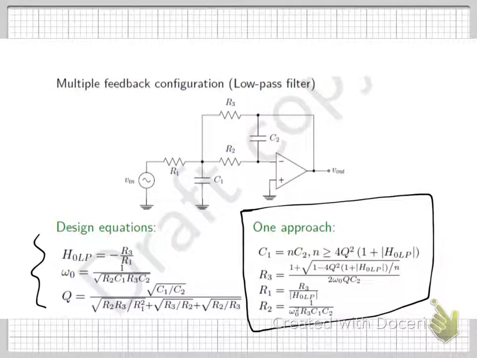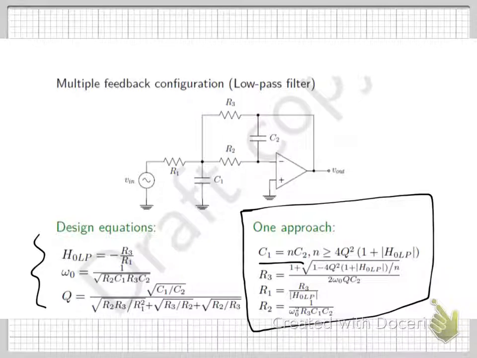So in this approach, it's similar to the unity gain of your Sallen-Key. So you choose C1 and C2 to have a ratio of n, which is greater than or equal to 4q squared multiplied by 1 plus the gain that you would like.